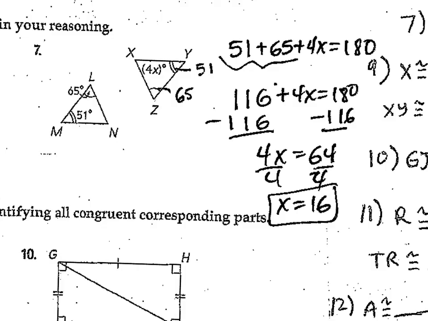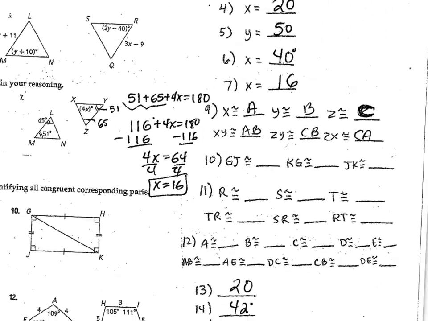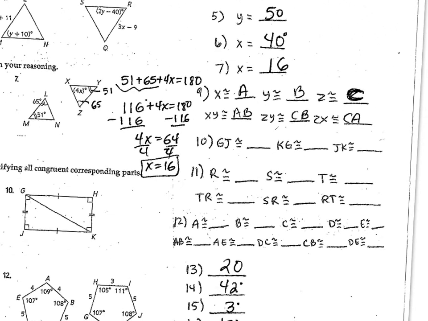Okay, let me show you the answers for number 8. Well, actually number 9. That's not number 8. For number 9, X is congruent to A, Y is congruent to B, Z to C, XY to AB, ZY to CB, and ZX to CA. Did you get that right? Yes, great.